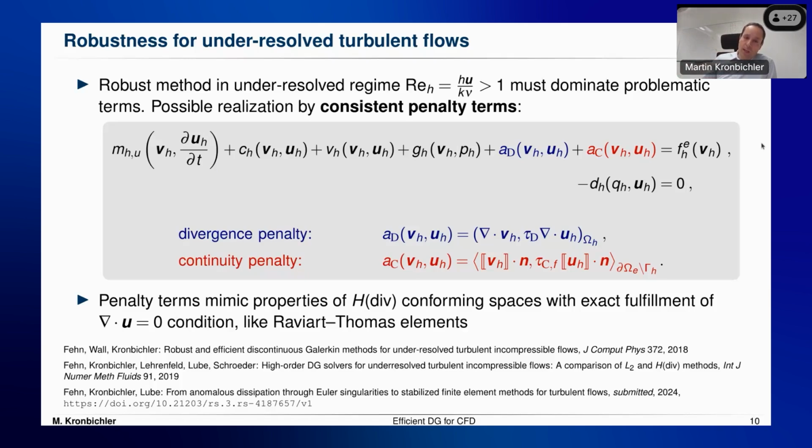And what we do here with our penalty terms is similar. It's not exactly the same space as Raviart-Thomas, because Raviart-Thomas is an anisotropic space. It has different polynomial degrees in different directions. We also considered them in our tests in a work here. But the interesting thing is that we are really imitating the normal continuity of the space, which is what Raviart-Thomas does, and we're imitating the divergence-free condition strongly.